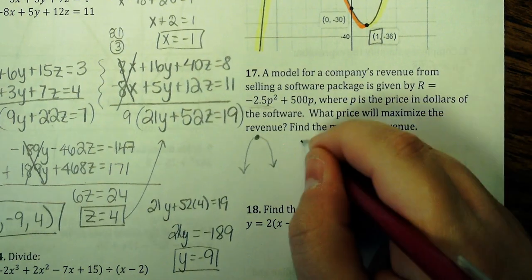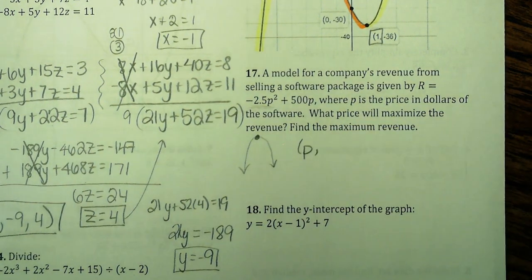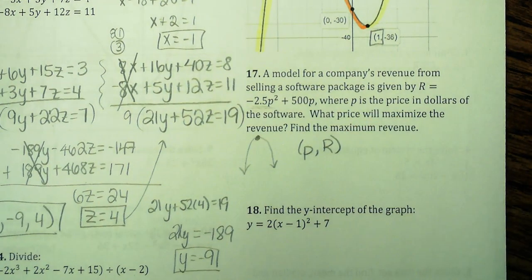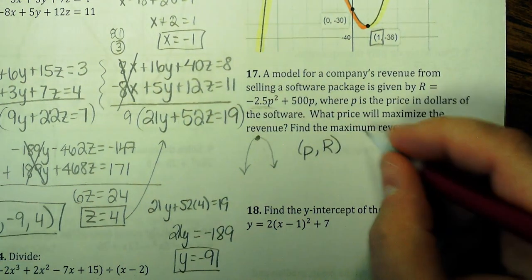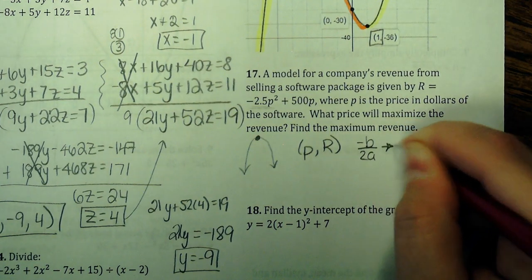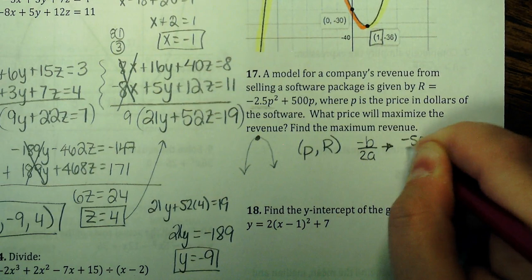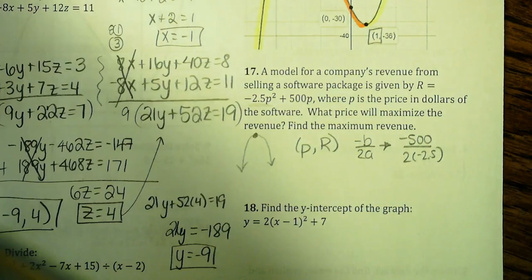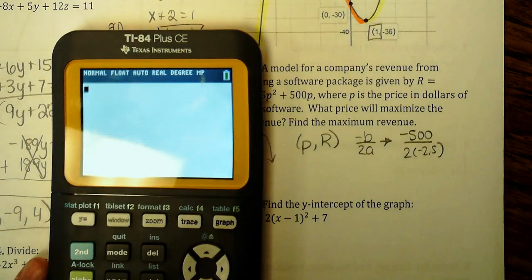Now the way this is laid out, the price would be your x-coordinate, and the revenue would be the y-coordinate of the vertex. So all we have to do for the x-coordinate of the vertex is negative b over 2a. For this question, that would be negative 500 over 2 times negative 2.5. Now, I know I've said this a lot, so I'm just going to reiterate this.